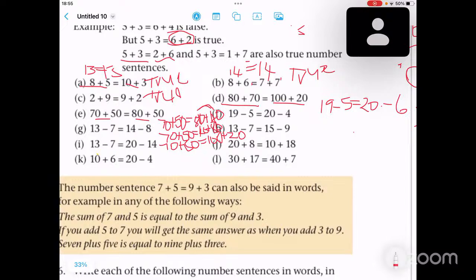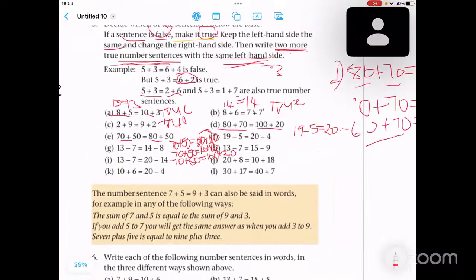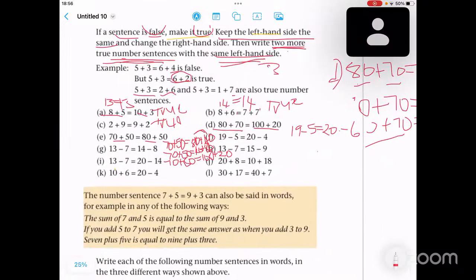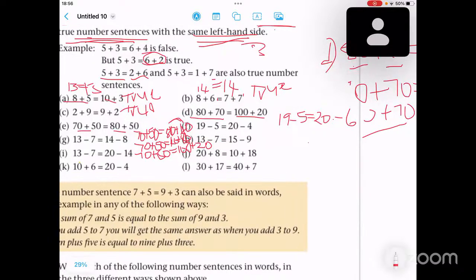Now that we've corrected the error, what we're going to do now is write 2 more true number sentences with the same left-hand side.